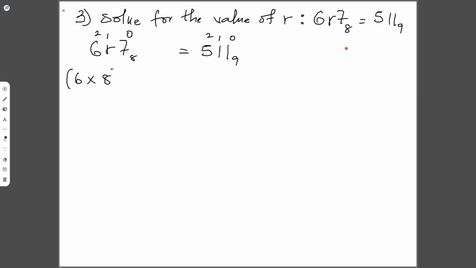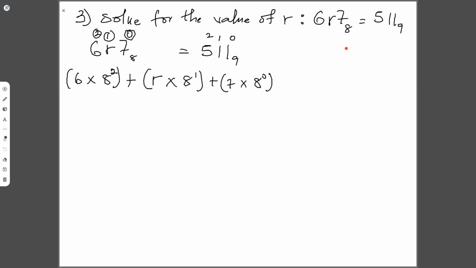The base is raised to power 2, close the bracket, plus the next one is R multiplied by 8, which is the base, and the power is 1. Plus the next one is 7 times the base 8, raised to the power of 0. Close the bracket.